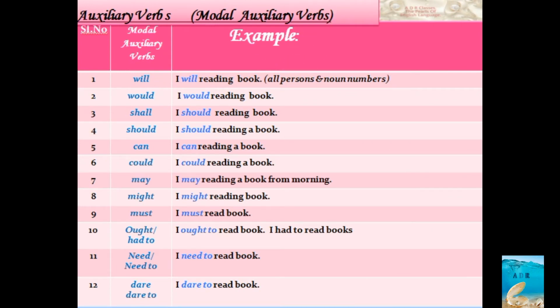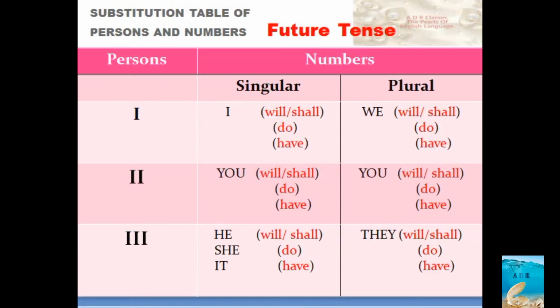While doing the future tense, I told you that will and shall should be used for all the future forms, irrespective of the substitution table. For all substitution tables we use will and shall if we are using the future tense form.